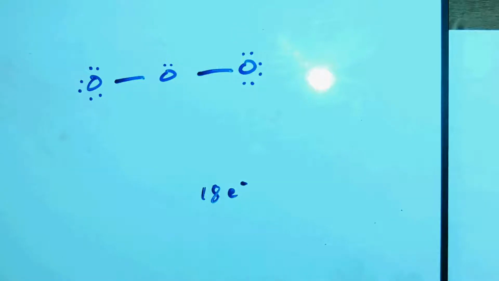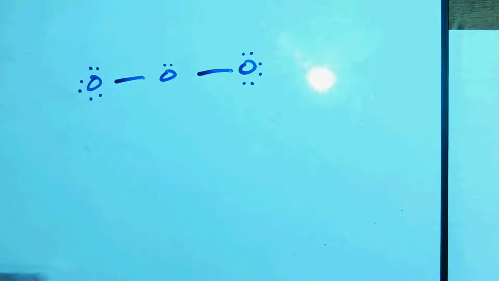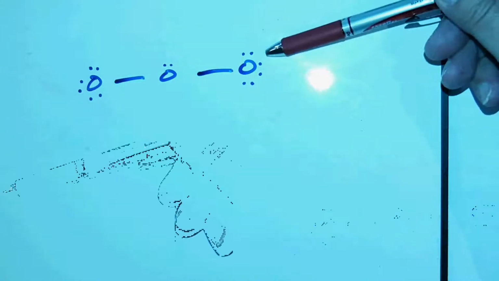So after you complete the outer octets, you count, you see if you've used all your electrons. If you have leftovers, leftovers go on the central atom. So that's where we're starting with the ozone here. Now, how are we doing on the octet rule?